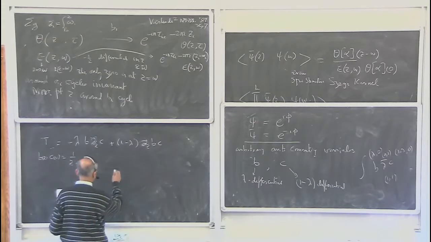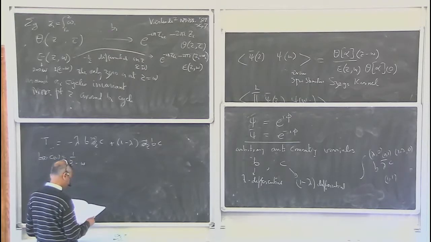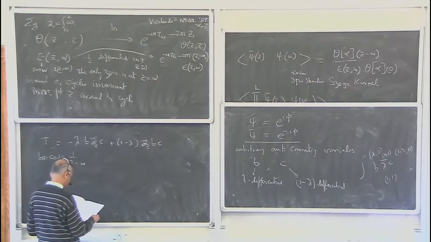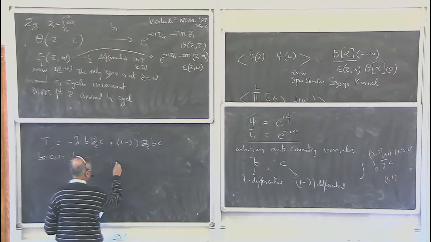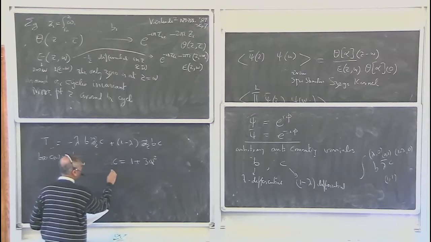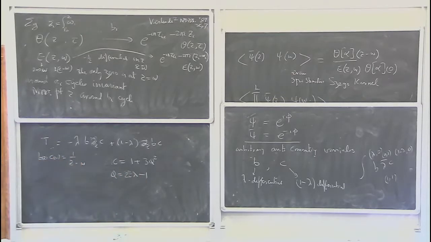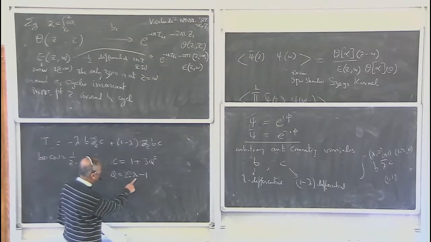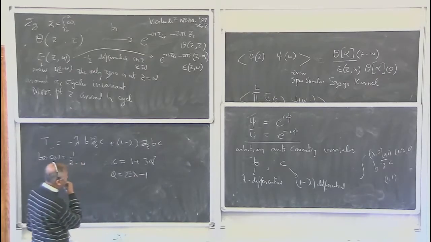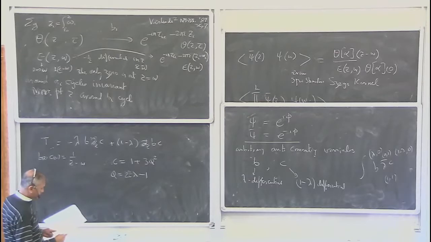And its central charge, what is the central charge? 1 plus, is it correct? Let me see. Q squared, where Q is 2 lambda minus 1. Okay, maybe it's a minus 1 somewhere, 3Q squared.